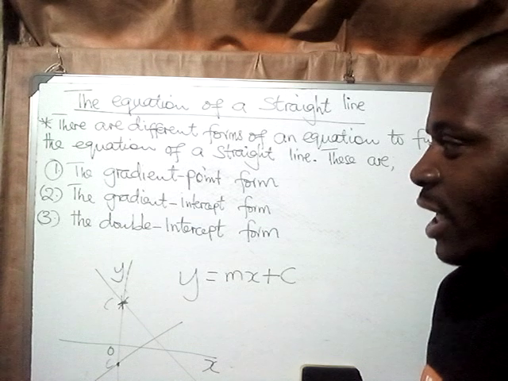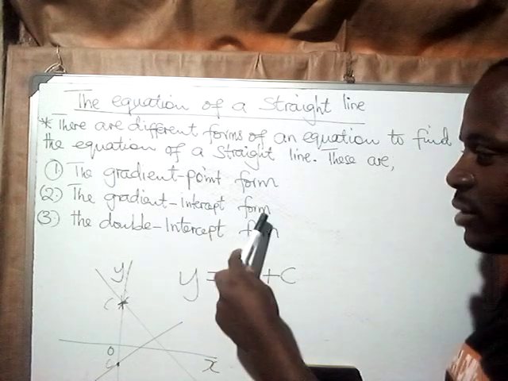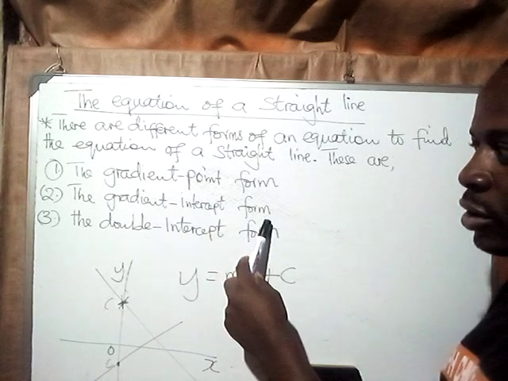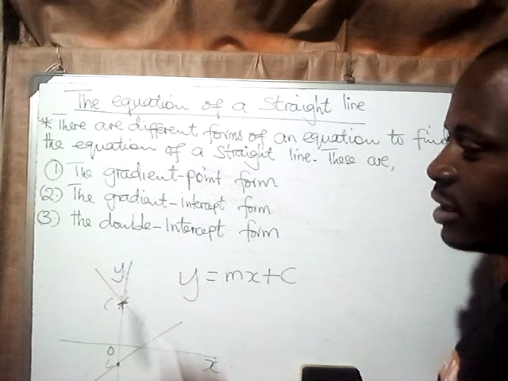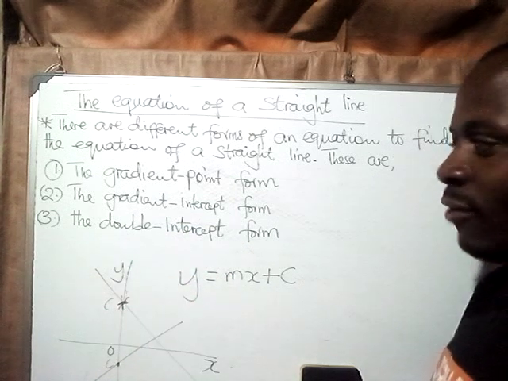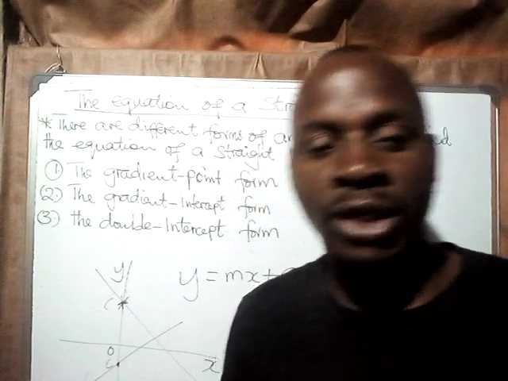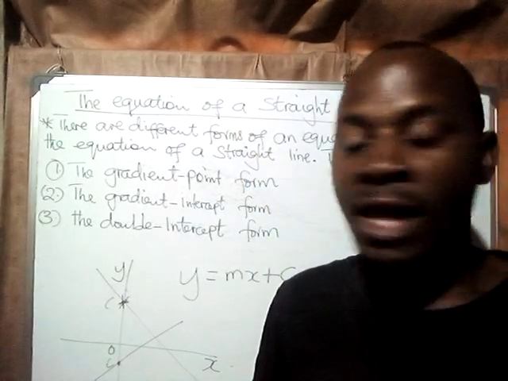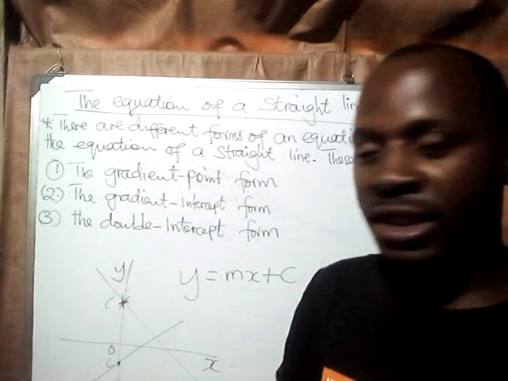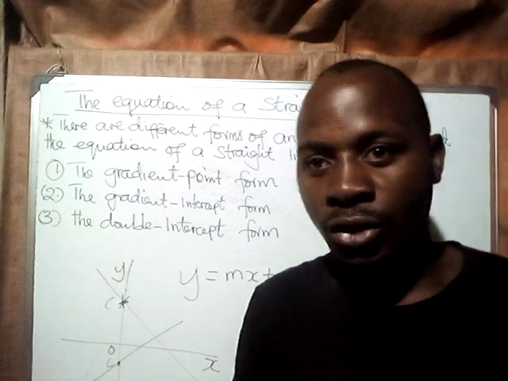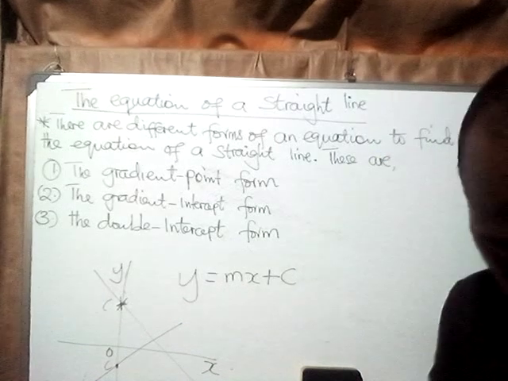Number two is the gradient-intercept form. Then number three is the double intercept form. So let us start with number one, the gradient-point form.